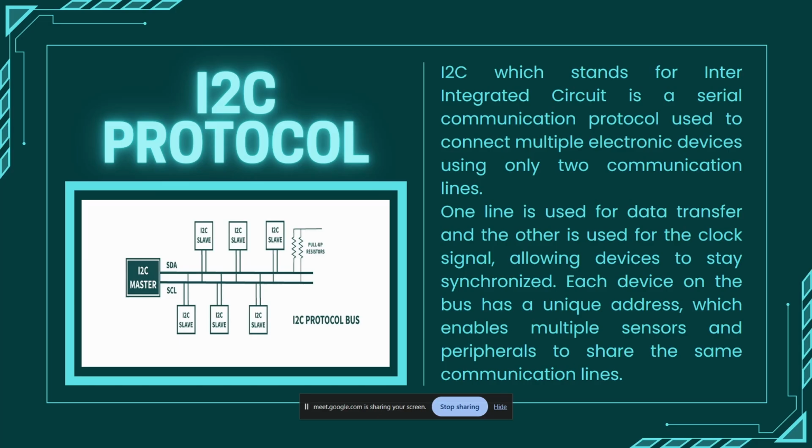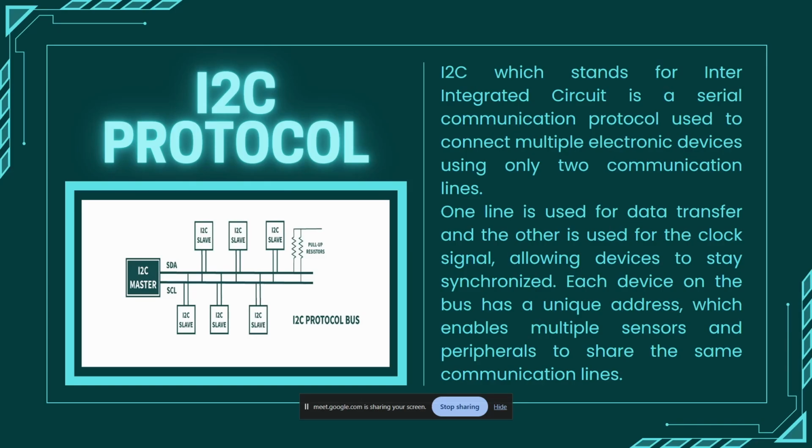One line is used for data transfer and the other is used for a clock signal, allowing the devices to stay synchronized. Each device on the bus has a unique address which enables multiple sensors and peripherals to share the same communication lines.